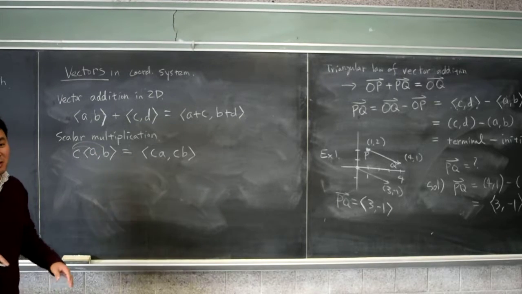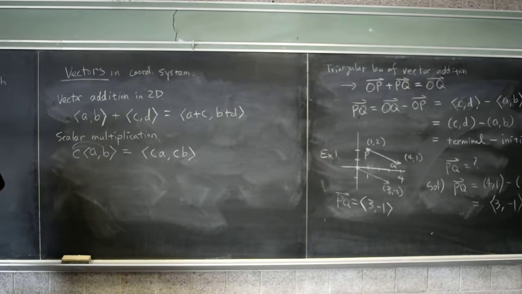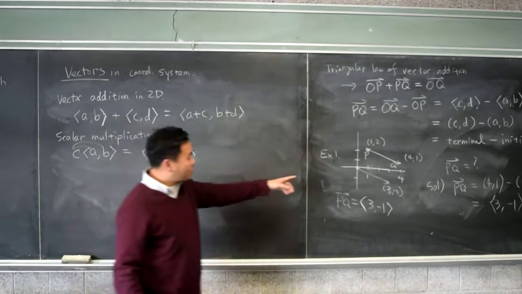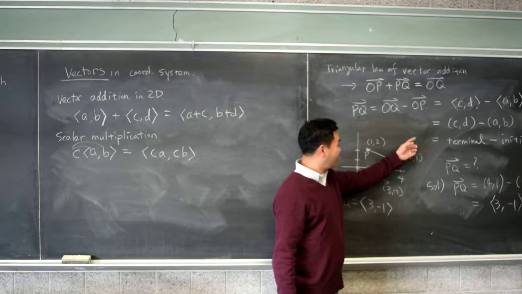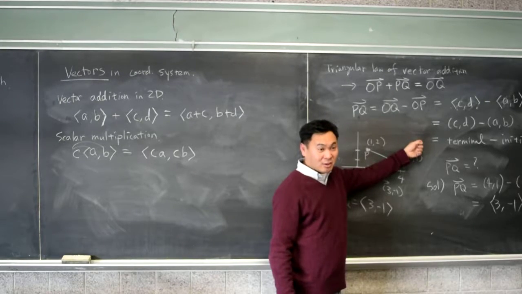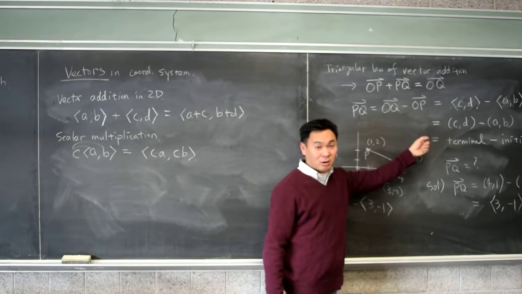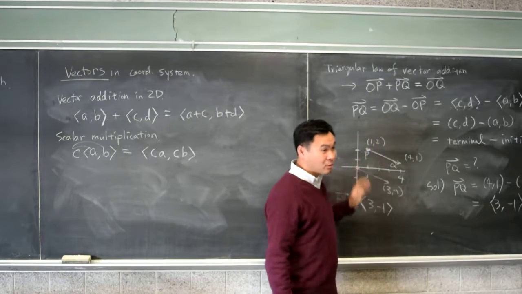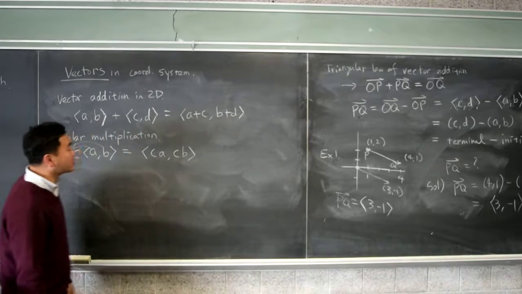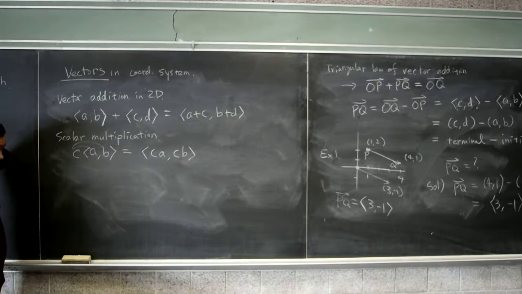It's not that interesting, but if you are curious to know, just try to see what you get if you add 1, 2 and 4, 1, and put that third vector here, and see if they form a parallelogram. You will see that they do. Okay. So that's something that you have to check.